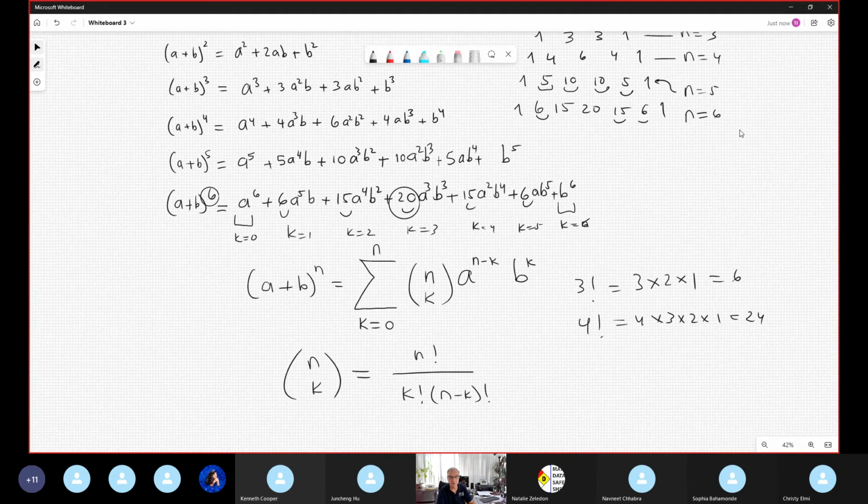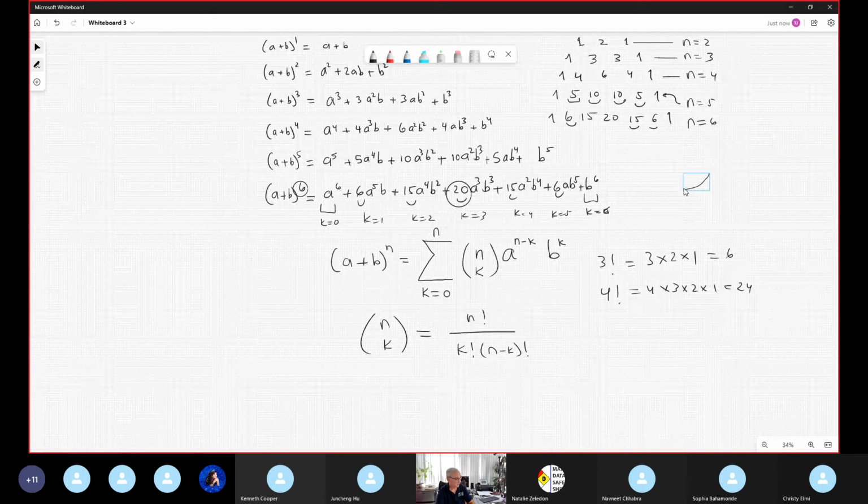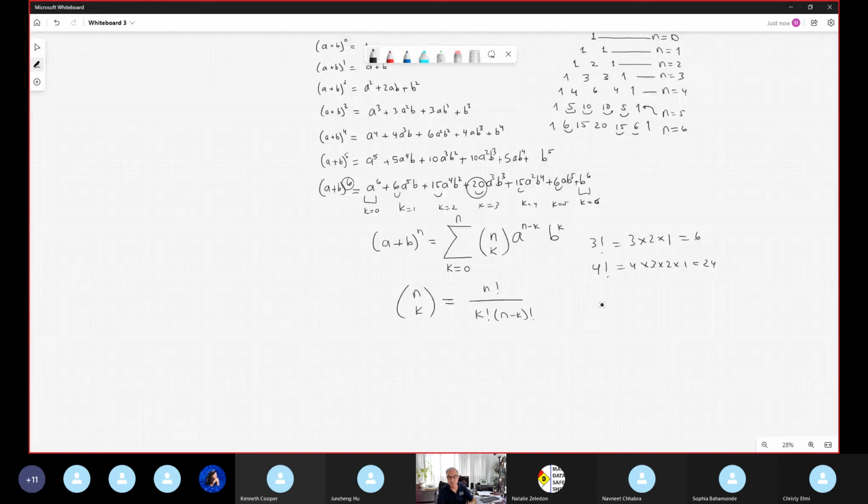Suppose I want to find this number, but I'm not using this Pascal triangle because it's too long. Well, it's not long here, but suppose we are working with the exponent 45. We would need a super big triangle, not good. Now suppose I want to find this combinatory number.